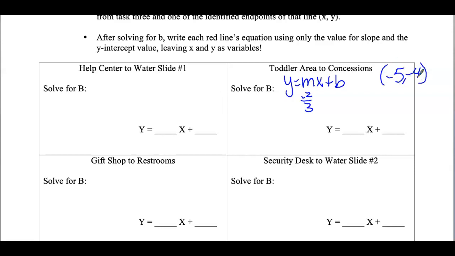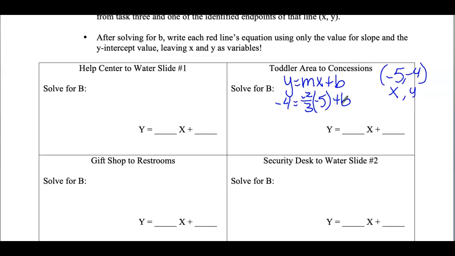I can use either point, it doesn't matter, I will get the same answer. So in place of x, I'm going to write negative 5, and in place of y, I'm going to write negative 4. I still am missing that b. Now I'm just going to solve for b.